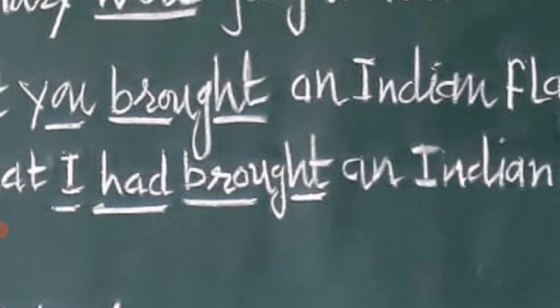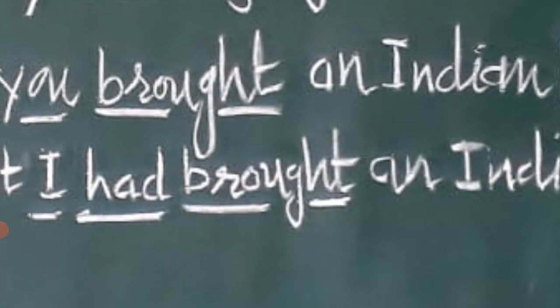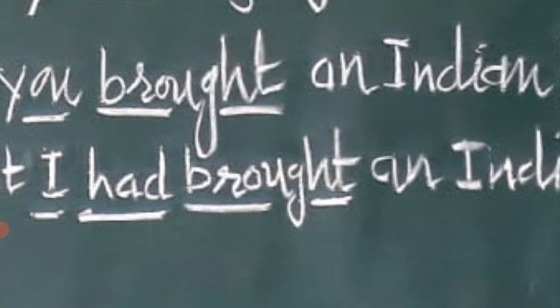If we assume that this is a sentence, then the subject is you and thereafter the action verb brought, so S plus V2. That's why it is simple past tense, and when the given sentence is in simple past, it is always converted into past perfect tense. I repeat that if the given sentence in the direct speech is in simple past, it is transformed into past perfect tense.